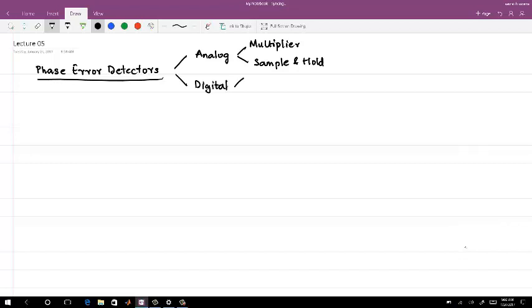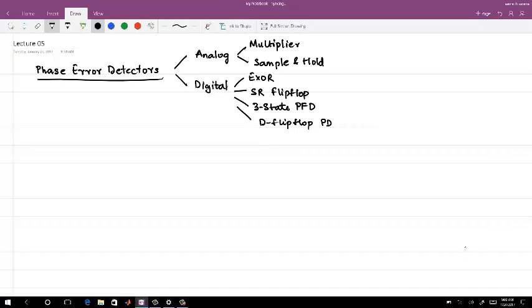Then in terms of digital, you have the exclusive OR (XOR) phase detector, you have the SR flip-flop based phase detector, then you have the two state, and you have the three state phase frequency detector normally, and you have the D flip-flop based phase detector.